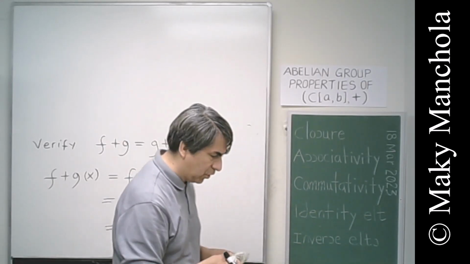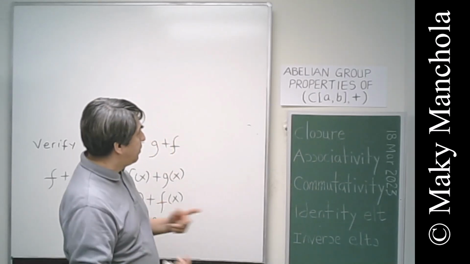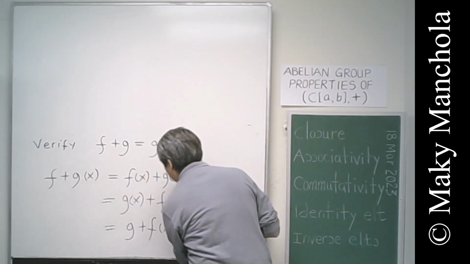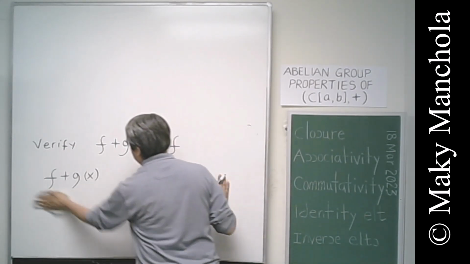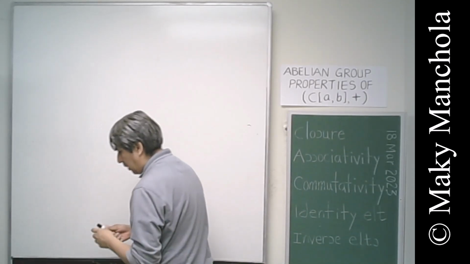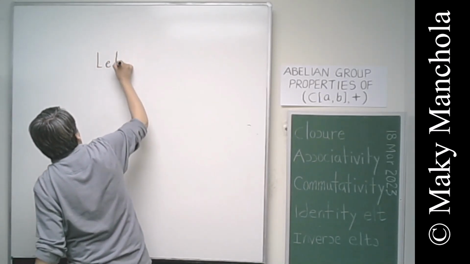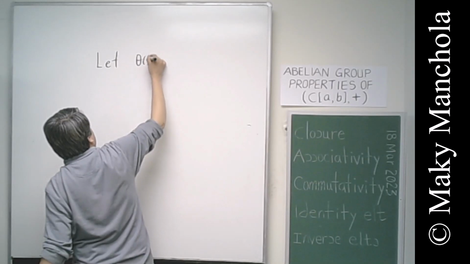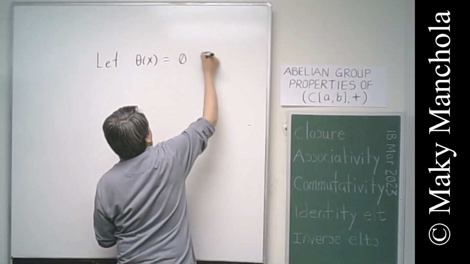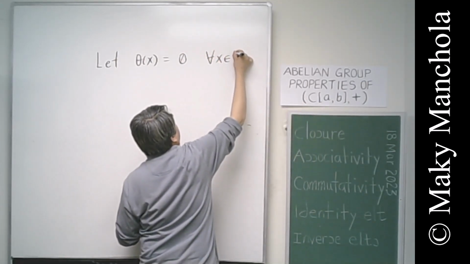The zero function acts as an identity, and it belongs to the set of continuous functions on the interval a to b inclusive. So our function exists. This is the zero function. Let theta of x equal 0, that's the zero function, for all x in the interval from a to b inclusive.